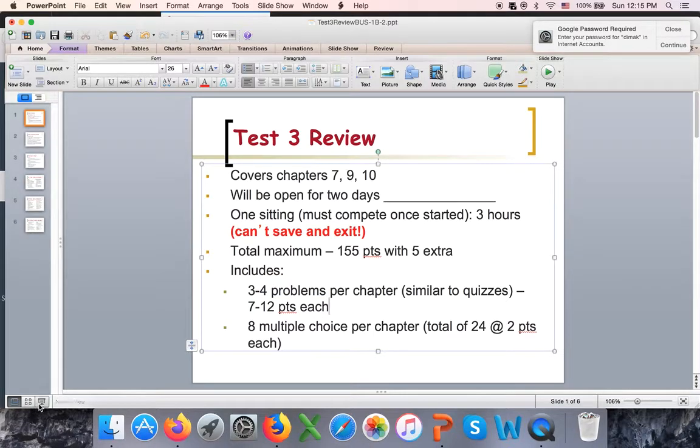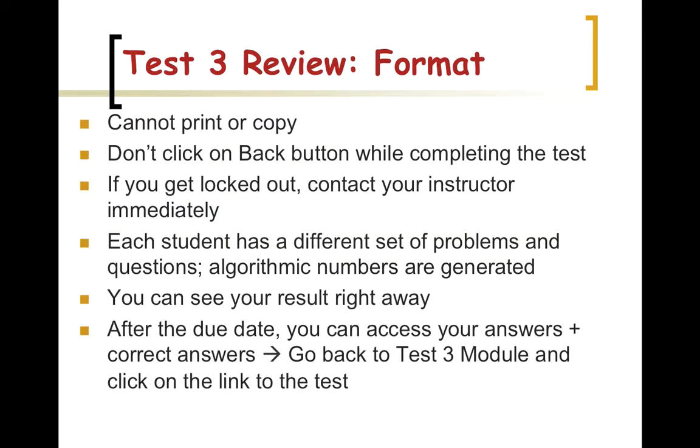So the next slide here will give you a little bit more information about the format. You cannot print or copy the test. If you get locked out, contact me right away to give you a new attempt. Each student has a different set of problems and questions, and problems are set up so that algorithmic numbers are generated.